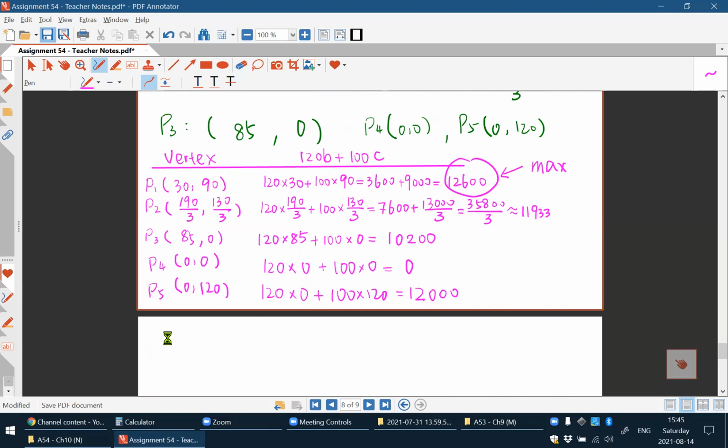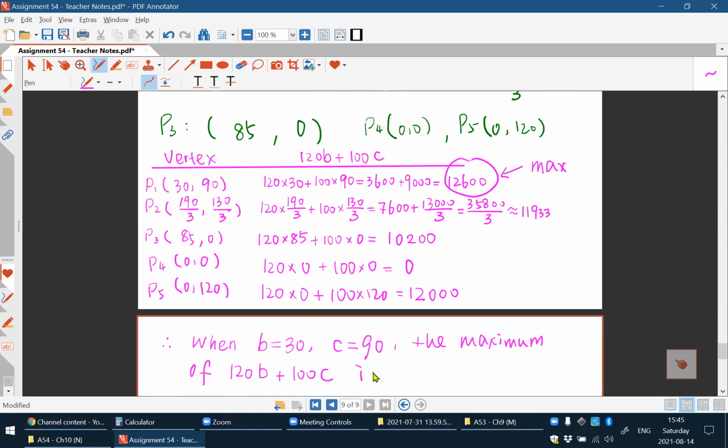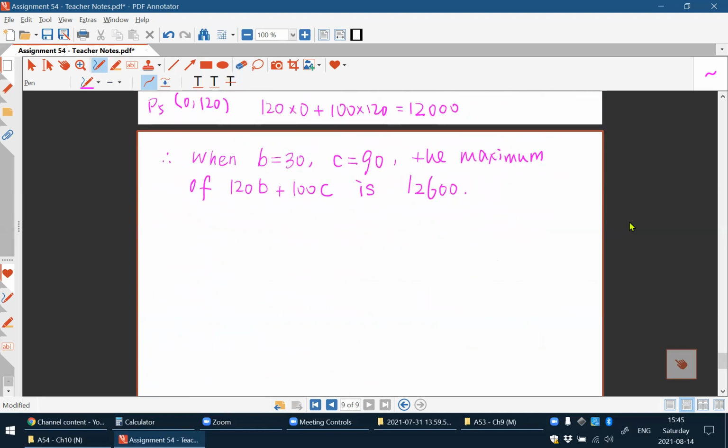Therefore, the conclusion is when B is 30 and C is 90, the maximum of 120B plus 100C is 12600, right?